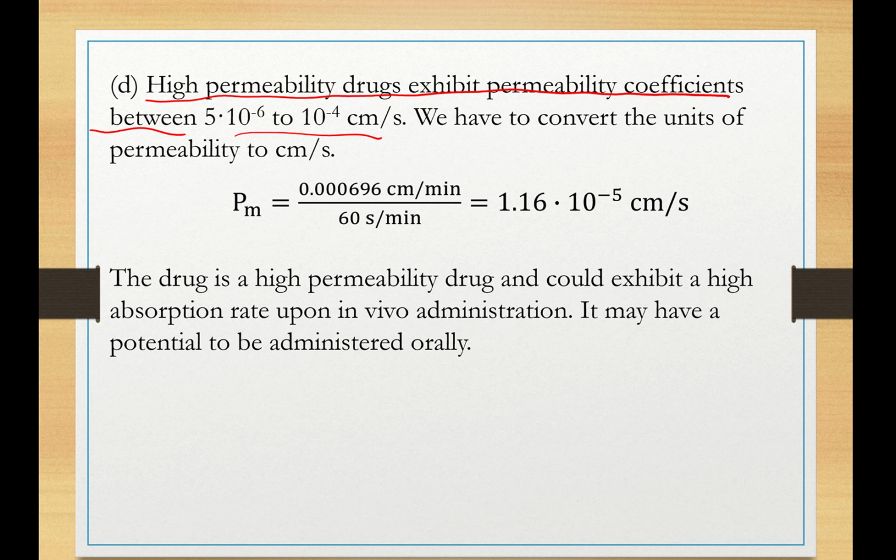So in order to be able to compare our value to this range, we have to convert the units. And when we convert the units into centimeter per second, we have 1.16 times 10 to the minus 5, which is within that range. Therefore, the drug is a high permeability drug and could exhibit a high absorption rate upon in vivo oral administration.